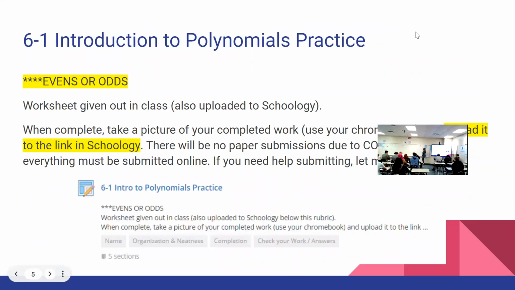The practice is a worksheet which you picked up. Personally, I think all the problems are doable, and we have plenty of time to do all of them, but I already printed them saying evens or odds, so I'll just leave it like that. But I welcome you to do the whole worksheet if you want the extra practice. We should have plenty of time between today and tomorrow.